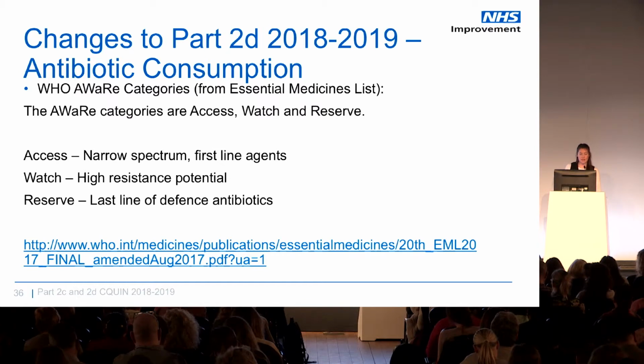So access is what features in the new CQUIN, and these are narrow-spectrum antibiotics that are primarily used as first-line agents. And then we have the watch and reserve categories, where watch has antibiotics contained within that category, and there is a high risk of resistance there. And reserve is the last line of defence, really.